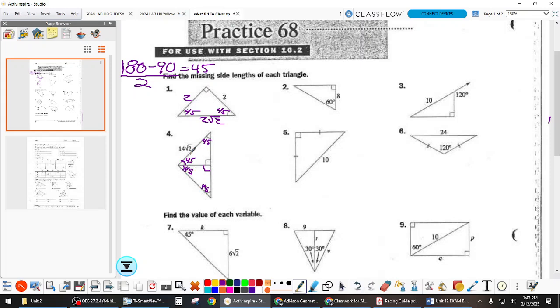I about wrote 70. Do you see how two of these add up to what? So this angle is 90. Did you catch that when you did the problem? This whole thing is a right triangle as well. So how long is this whole side? What do we do with this?